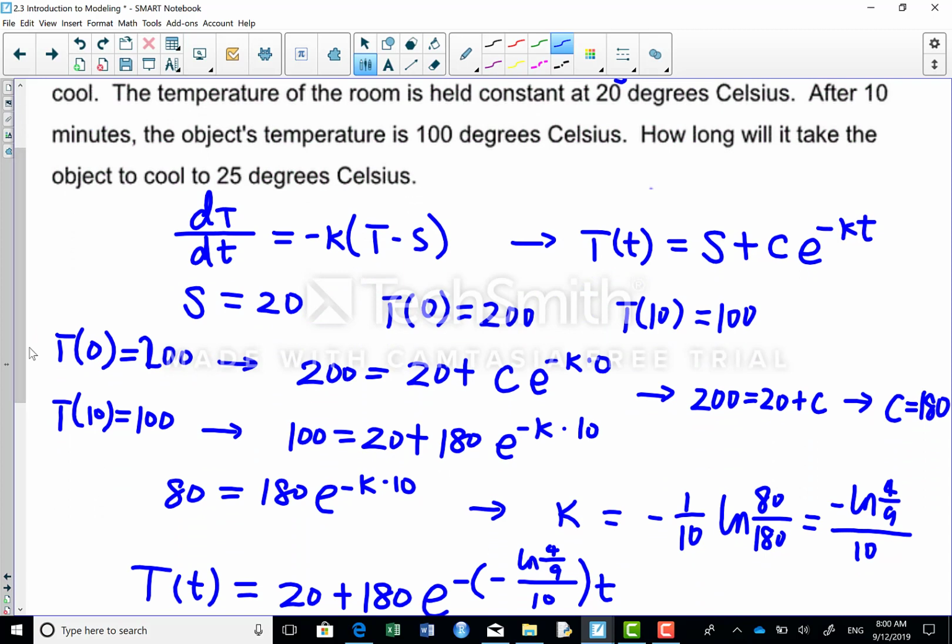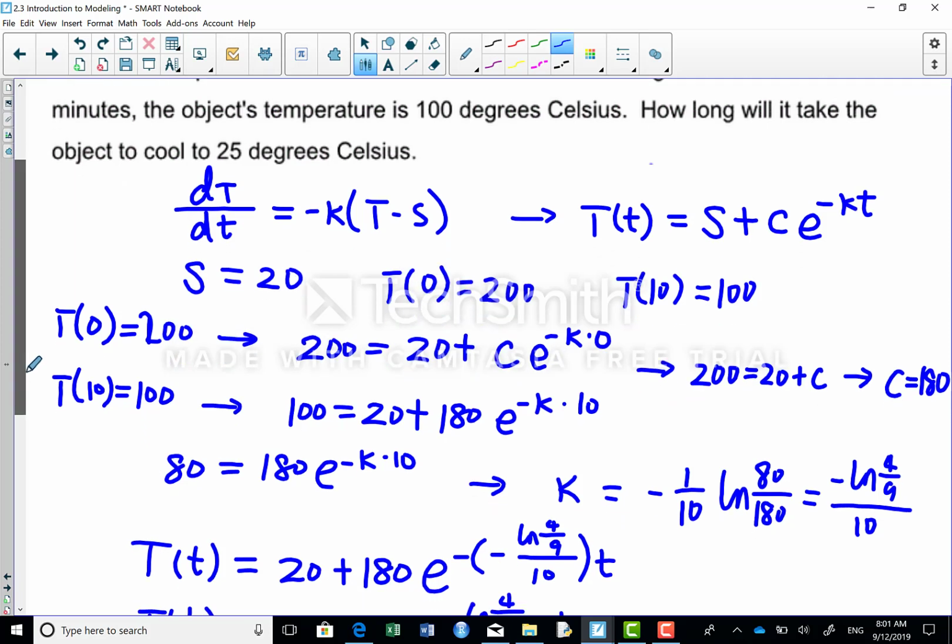So now let's plug all that information into our general solution and apply the initial condition. T of 0 equals 200 implies 200 is equal to 20 plus C times e to the power negative k times 0, which implies C is equal to 180.